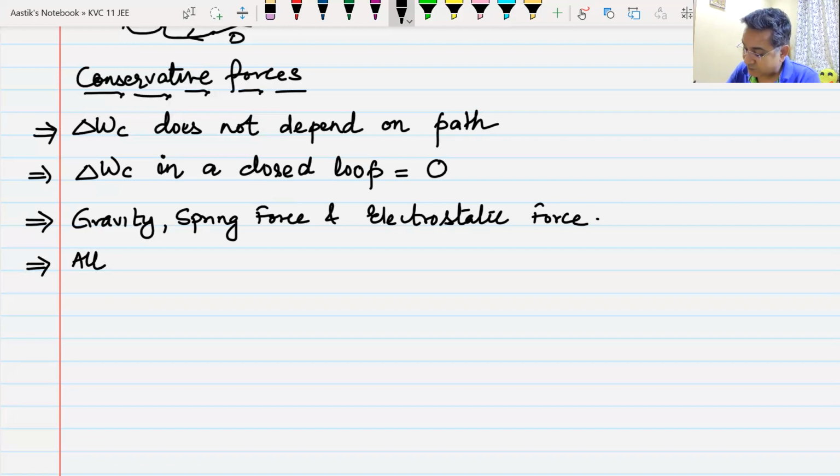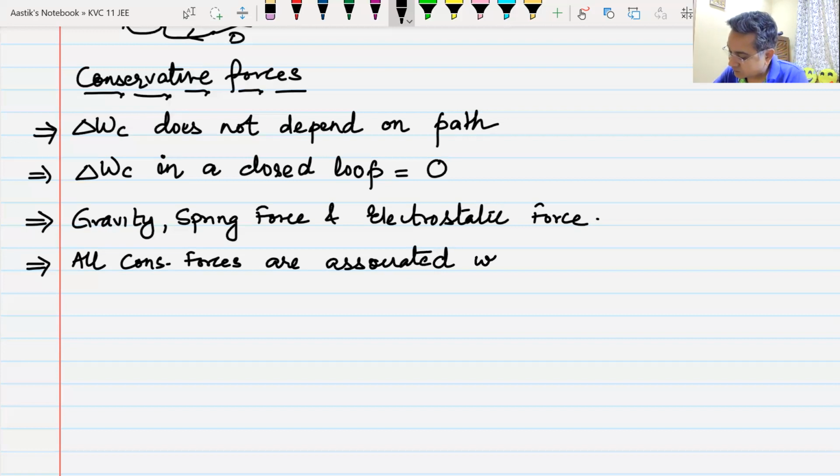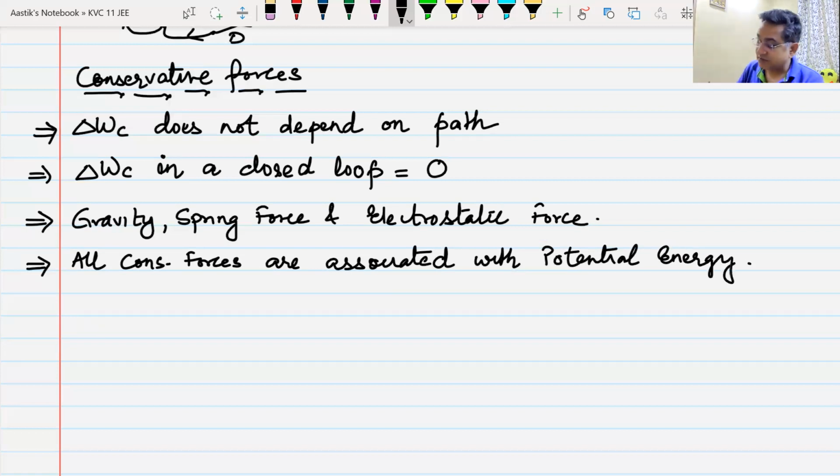All conservative forces are associated with potential energies. So wherever there is a conservative force, there is a potential energy.